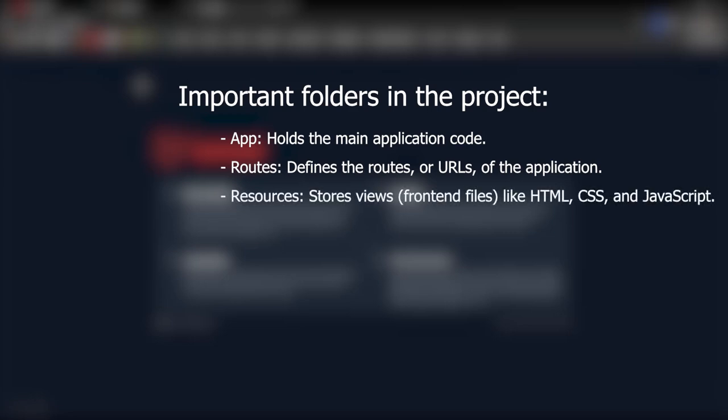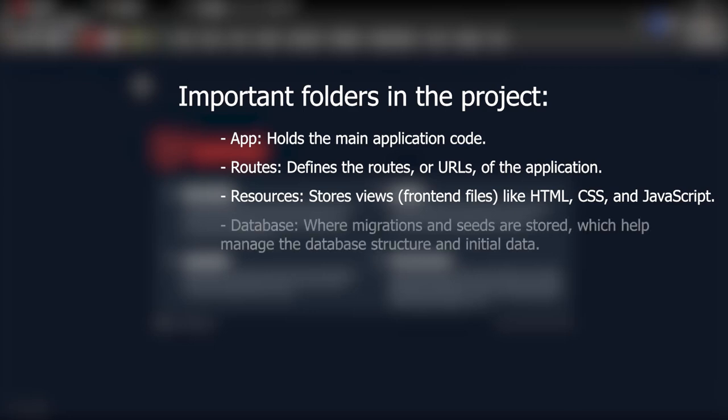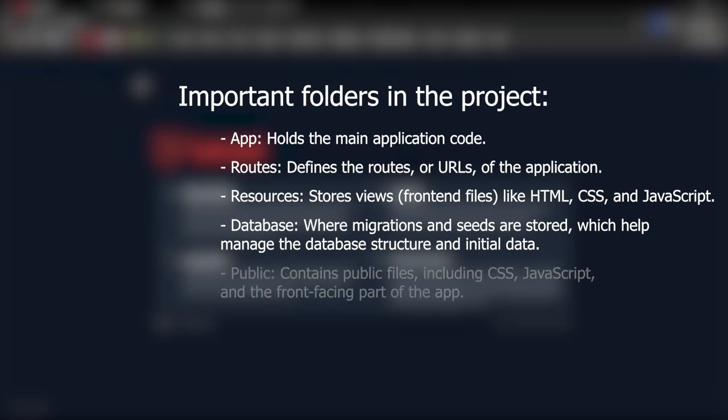Resources stores views and front-end files like HTML, CSS, and JavaScript. Database is where migrations and seeds are stored, which help manage the database structure and initial data. Public contains public files, including CSS, JavaScript, and the front-facing part of the app. Each folder plays a specific role in Laravel's ecosystem.